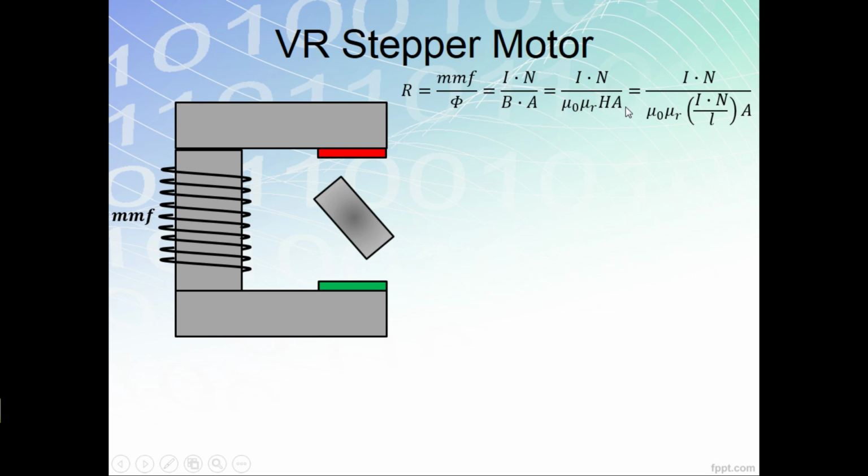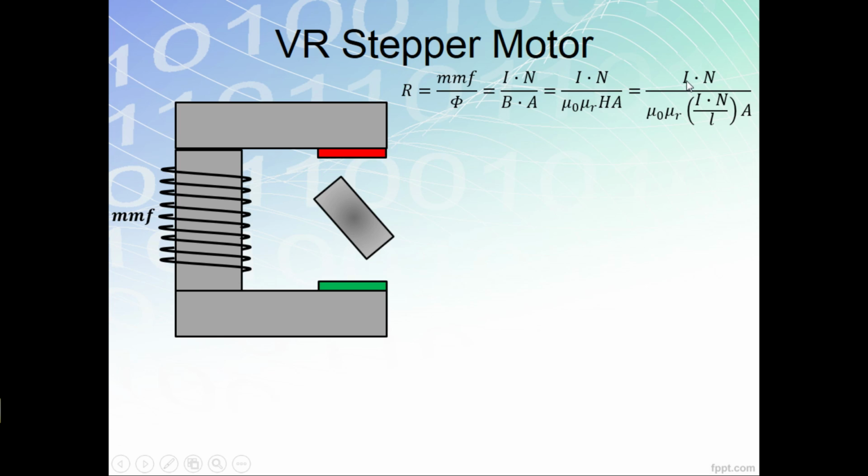As you can see here, the magnetizing force is equal to the current multiplied by the number of turns divided by the length of the rotor.